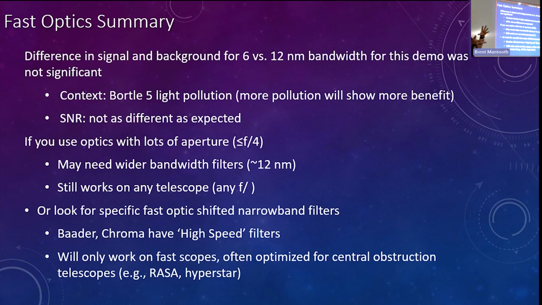One challenge, though, is that the ones that I have at 12 nanometers, I can use on any telescope. These high-speed filters must be used on these high-speed scopes only, usually with a central obstruction. And they are crazy expensive. Aperture costs you everywhere.